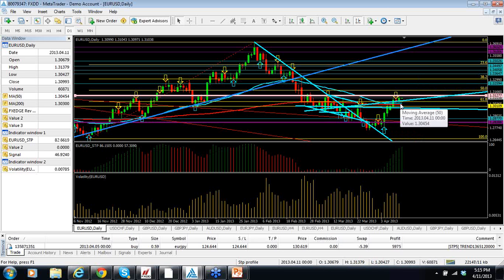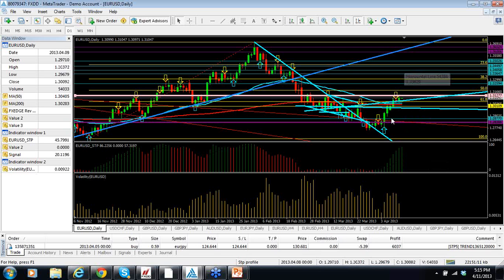The uptrend has not been in any way challenged. This 130-100 was a good challenge for it, but certainly that reversal candle was deemed void by a break above the high there. So anyway, that's that. What we were looking for, guys, was a change from green to red so we can get into a sell. That's not going to happen today.